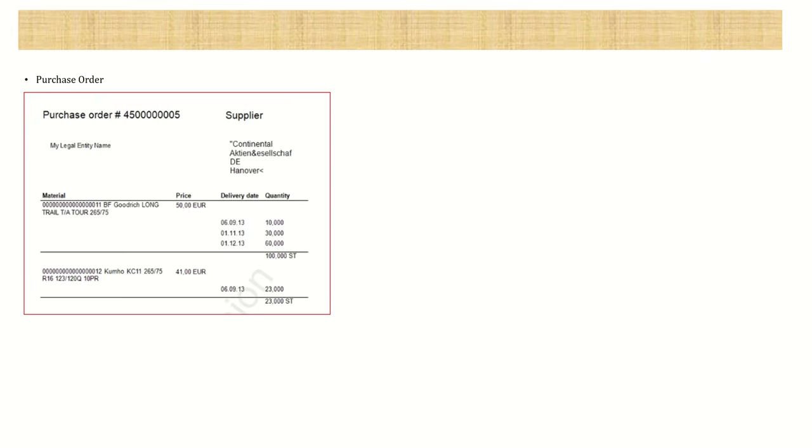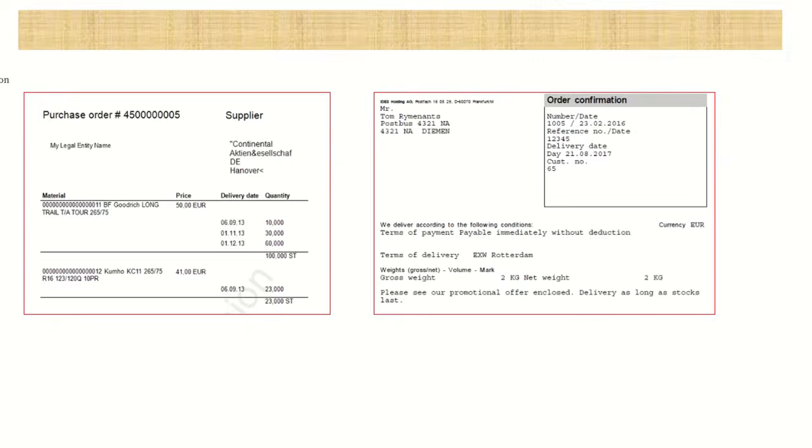So purchase order is one of the documents. Similarly, we have sales order. When any customer is doing the booking in our system, we are required to send the order confirmation. So for that, we design the sales order confirmation printout in SAP.